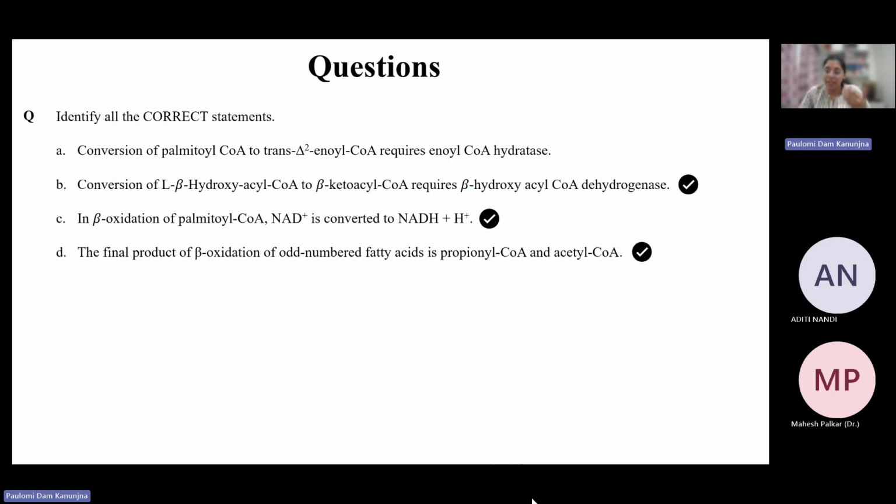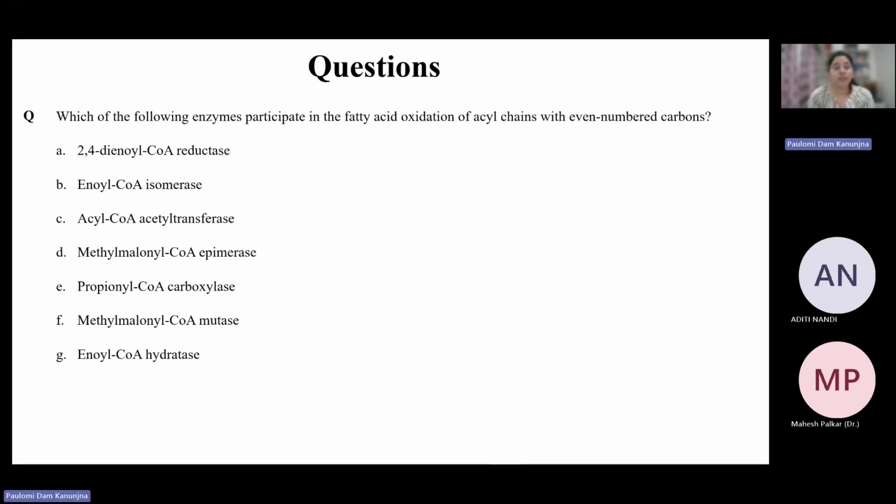Prop means three, the propionyl coenzyme A that gives rise to succinyl coenzyme A. So basically, odd number fatty acids overall give you acetyl coenzyme A and succinyl coenzyme A. Okay, next one. The more you solve questions, especially such MCQ based questions, the more these topics will come into your grasp.